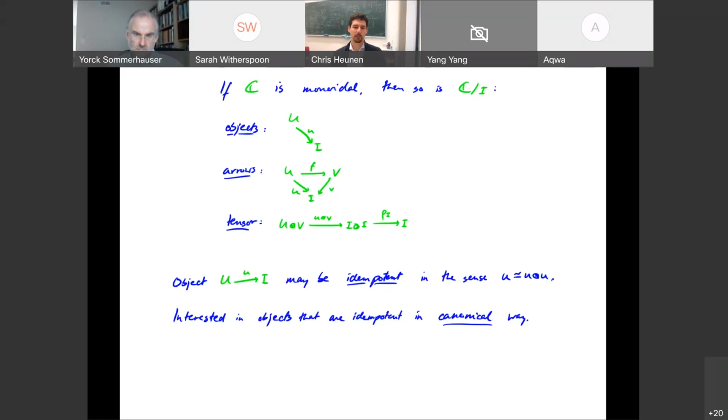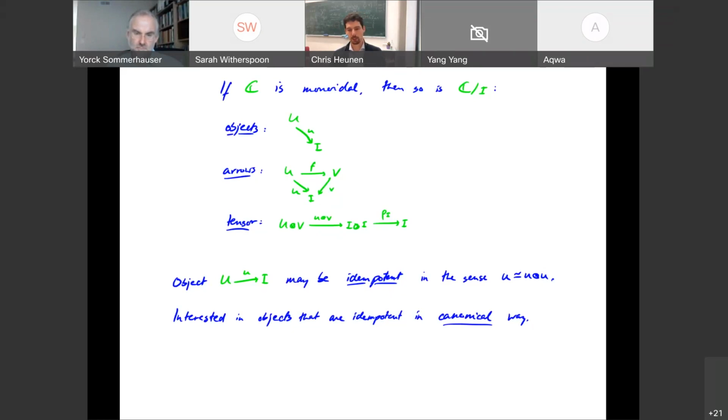How do I do that? Well, if you give me two objects in the new category, so a little u going from a big U to I and a little v going from a big V to I, I have to make a new object, so a new map into the tensor unit. What do I do? I take the tensor product of the two old objects. I take the tensor product of the two old morphisms.